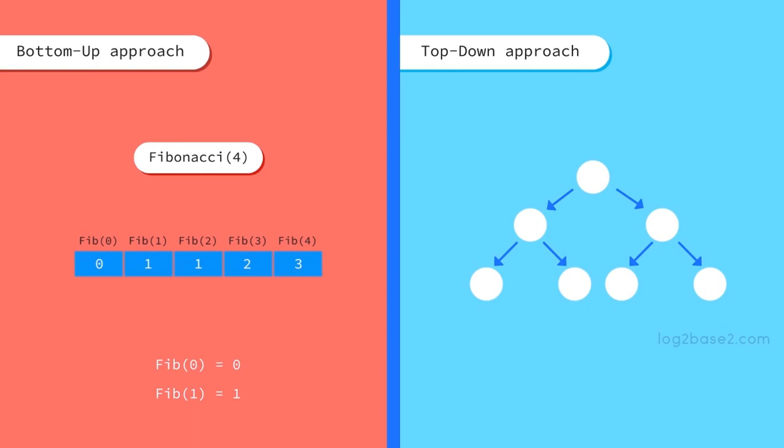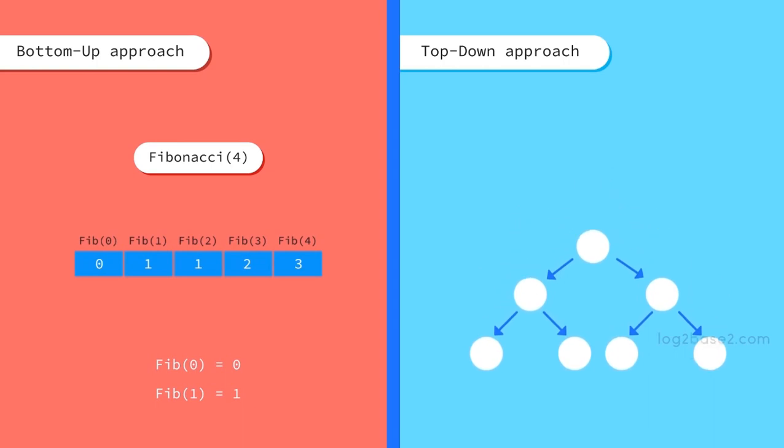This is how in the bottom-up approach we solve a big problem step by step from the base case. In each step we solve one sub-problem and using that solution we will solve the next sub-problem in the next step. Let us understand how it is solved in the top-down approach.